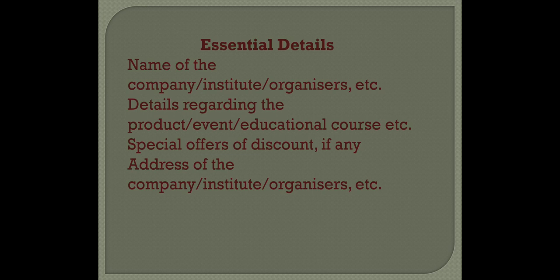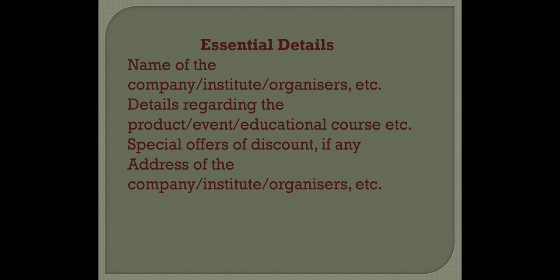And at the end of this type of advertisement, we need to write the address of that company or institute or the organizers. We know it because we have done a lot of practice, and we have done the rules also about the classified advertisements. So we know that the special feature of an advertisement is that at the very start we have to tell the category, the title, what that particular advertisement is all about, and in the ending we need to give the full contact address.